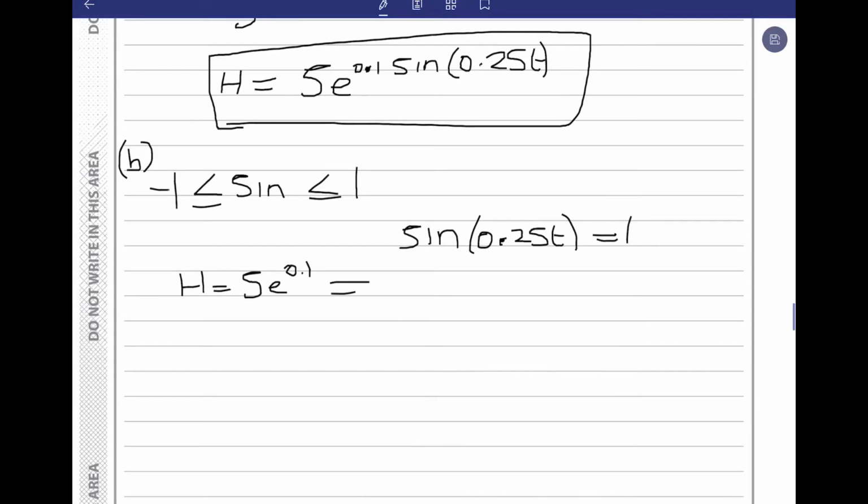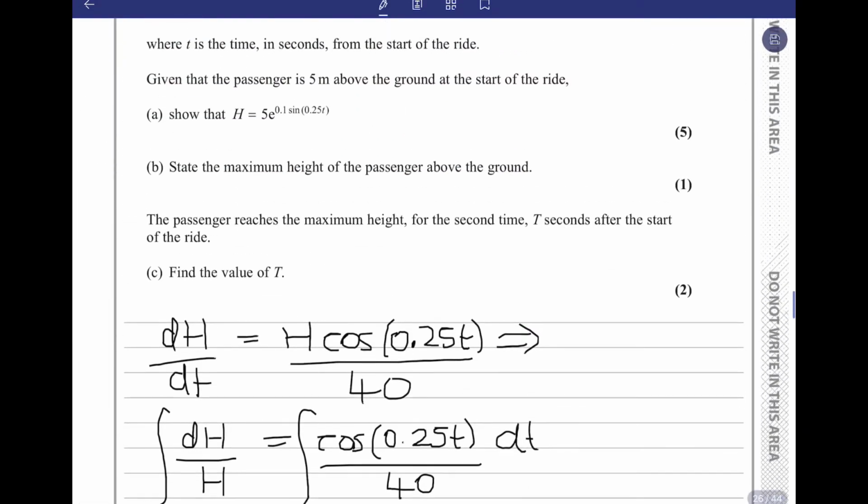And we work this out on our calculator. 5e to the power of 0.1, we get 5.53, and that's in meters. So that's part B. That's the highest possible height that the passenger reaches.